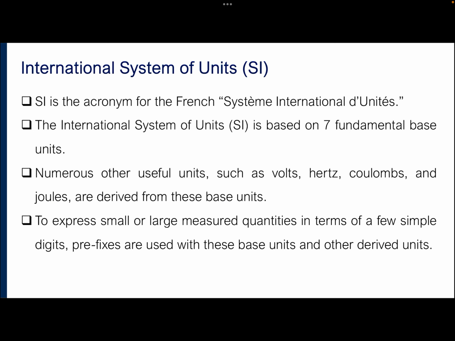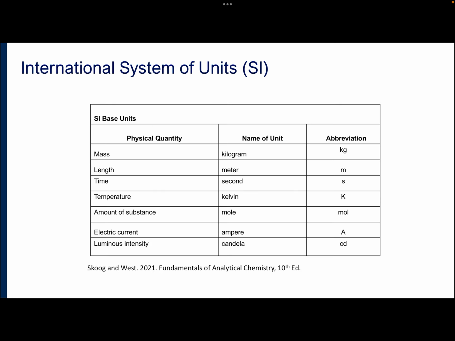So SI is the acronym for International System of Units, in which the 7 fundamental base units are based. Depending on the physical quantity, we have a unit that fits it.